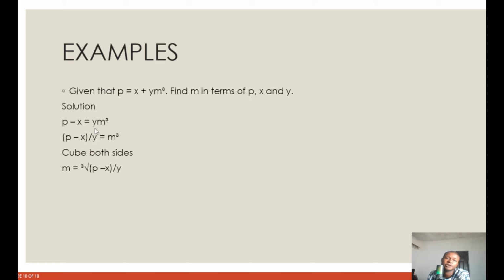So we are left with y m cubed on the other side. So we divide both sides by y so that we can make m the subject of the formula. So we will be left with p minus x all divided by y, and at the end of the day we find the cube root so that the cube can leave here. So that's why we cube root both sides.